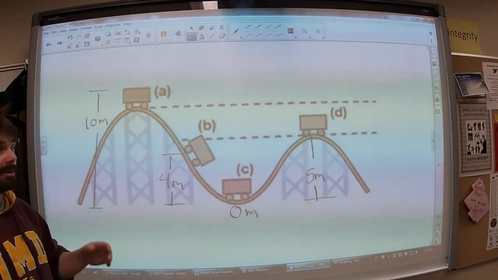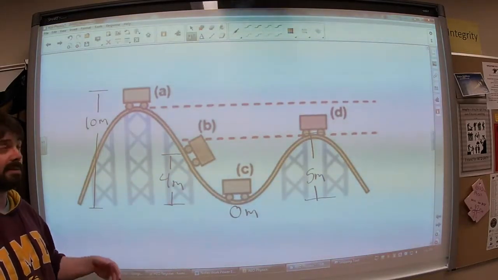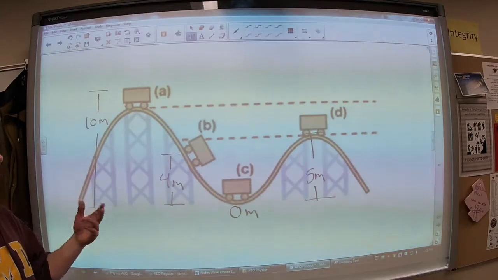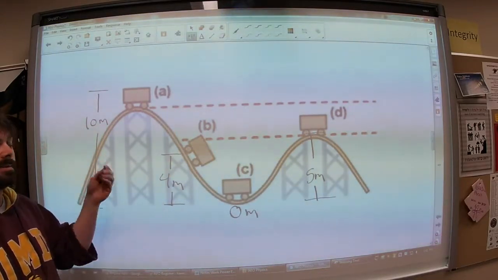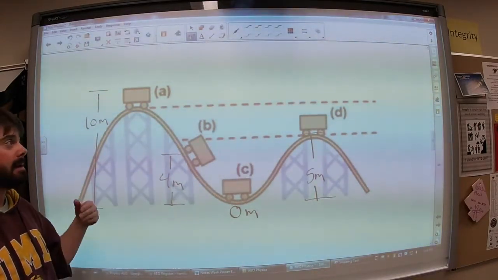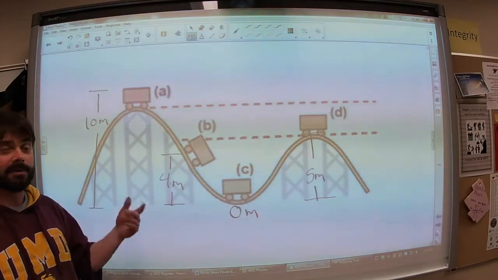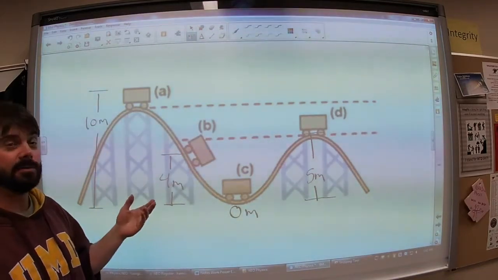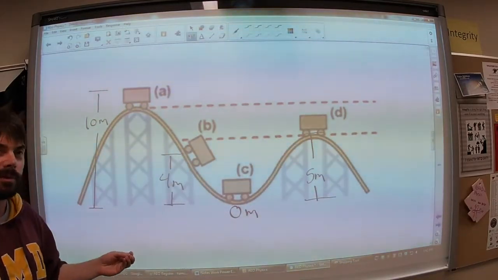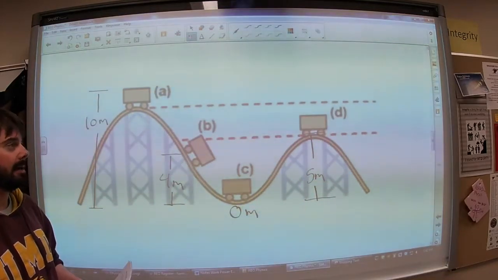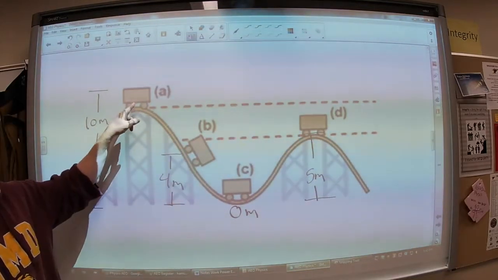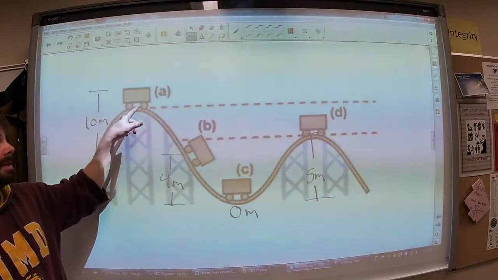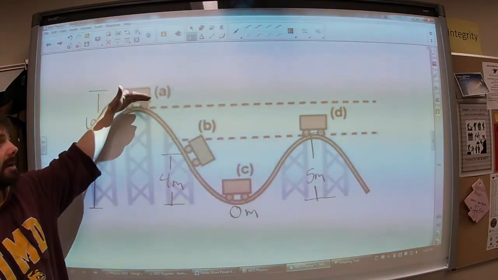And in our analogy, we're going to assume that this is a frictionless world. So there's no friction on the track, there's no friction in the air. This is going to conserve its total energy the whole time. With that said, when we do our initial energy calculation at the top, that's going to be our full value of energy.